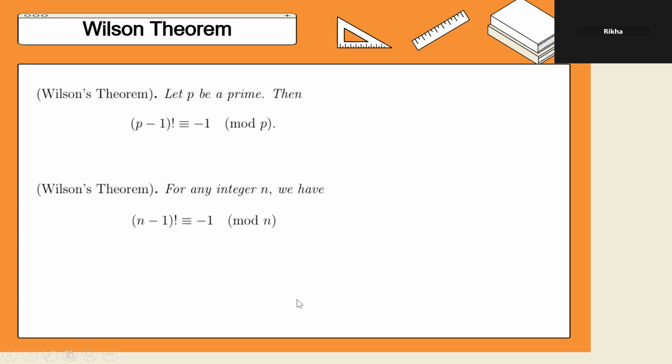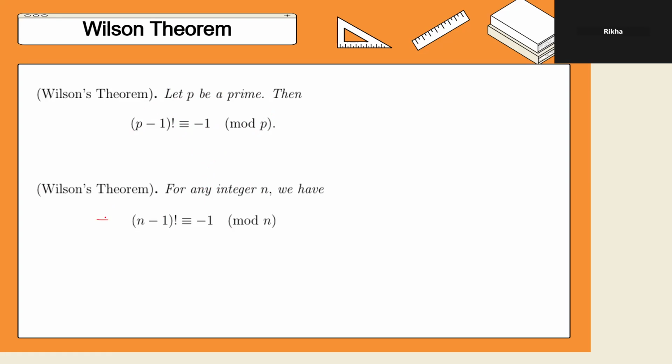So next I'll tell you about Wilson's theorem. Let P be a prime. So P has to be a prime, and then P minus 1 factorial is always going to be congruent to -1 modulo P. But later on, they made a general approach to Wilson's theorem, and it turns out it can also work for any integer n.